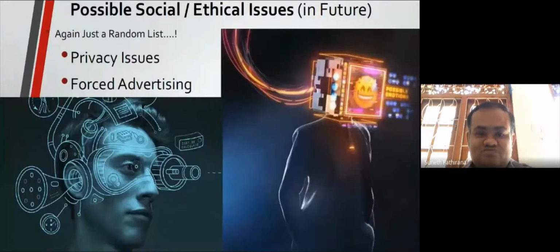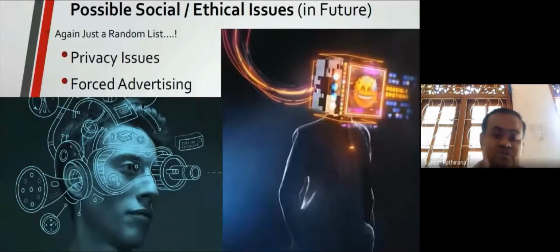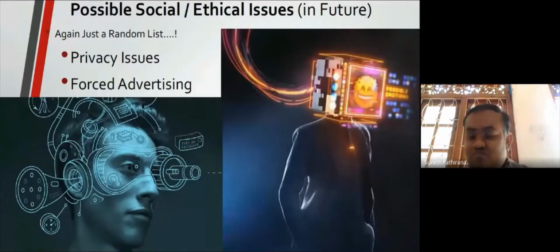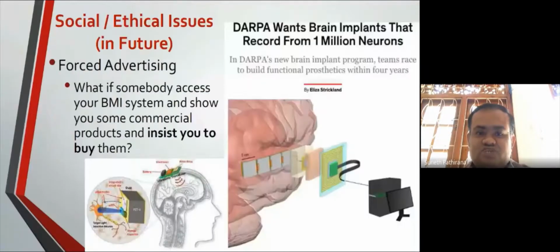And possible ethical issues, privacy issues, or security issues can arise in future. And forced advertising: once we wear so many devices, that will be funny, a kind of nonsense. The problems will begin once somebody or the government implants a chip inside your brain. They will access your private and confidential information.